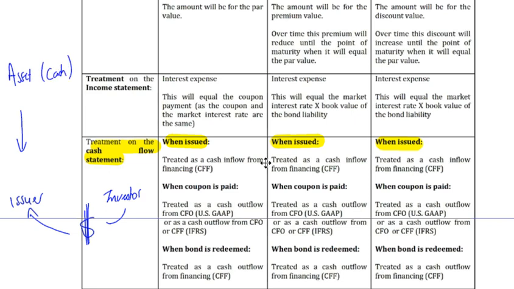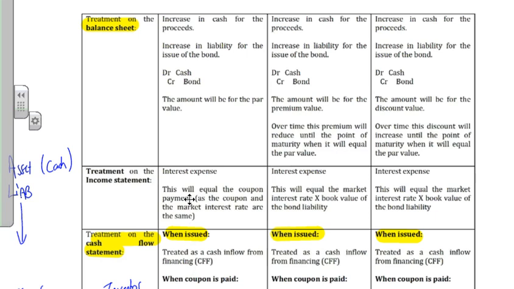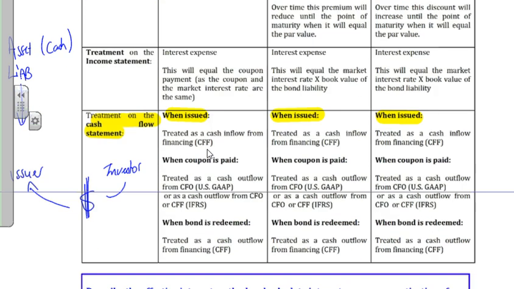But he owes that back to the investor, doesn't he? There's a liability. And that's what you can see when you look at the balance sheet. There is your debit cash, credit bond. No matter what type of bond it is, we've always got to record that we have received cash, but there's a liability that needs to be repaid over time.